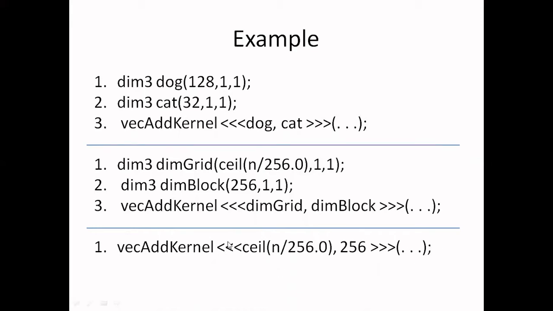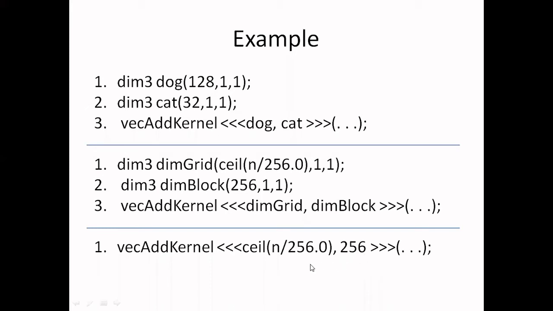Similarly, this is another way where it allows you to not specify a dim3 variable. You can easily write a one-dimensional value, if you have to specify a one-dimensional grid of blocks as well as a one-dimensional thread structure in each block.